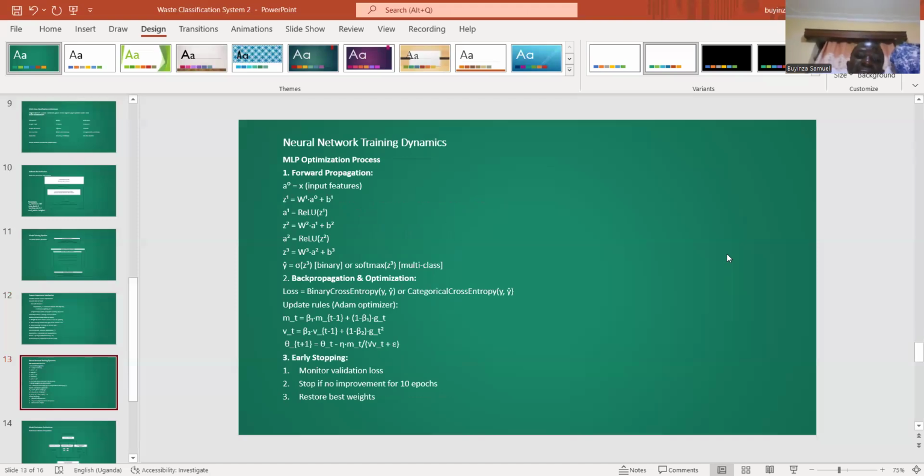So when we come and look at the neural network training dynamics, we have the MLP optimization process, where we look at the forward propagation, then the back propagation, and that is the optimization.